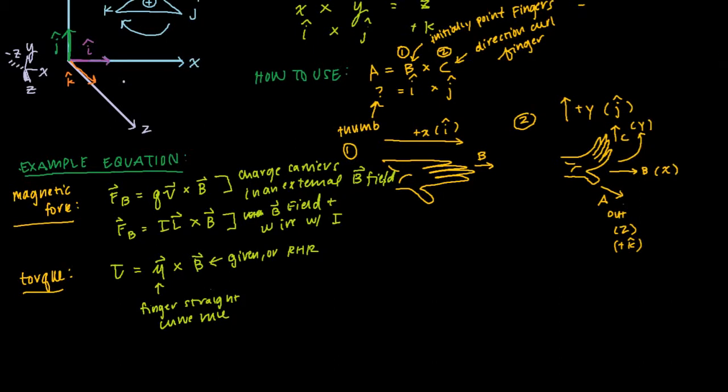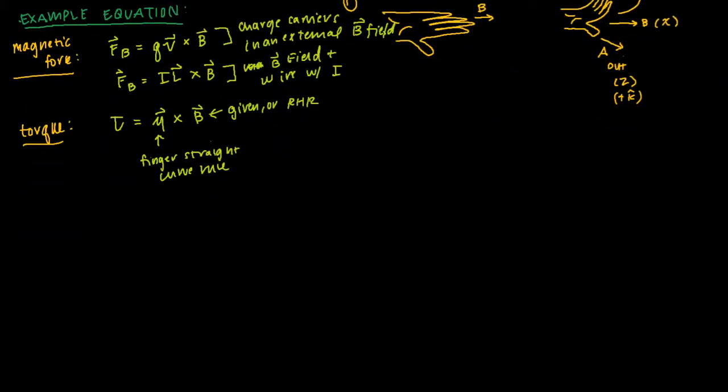Okay, and the last thing, and this is a little bit of an esoteric example, in theory, you probably won't be doing cross products because there's a much easier way to do this without the cross product, but that's the Biot-Savart law. And that equation is dB equals mu naught over 4 pi times I, where mu naught represents the permeability of free space, and then here's the cross product.